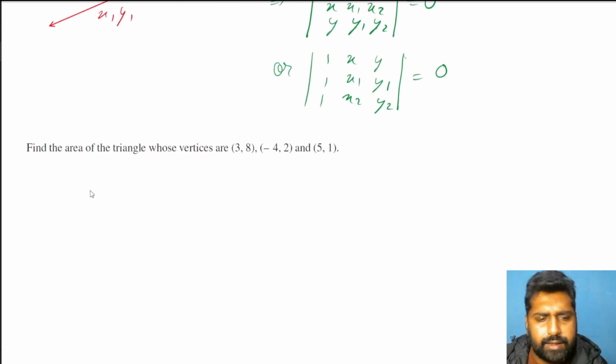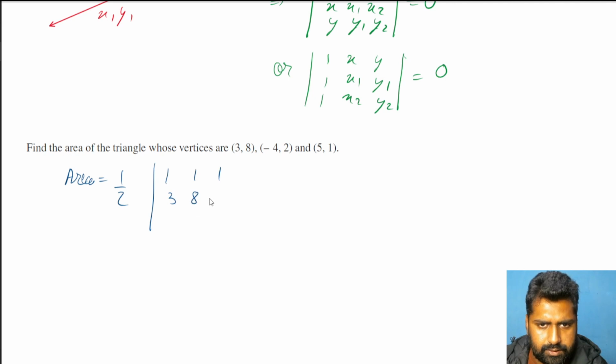So if I want to find the area of it, the area is equal to 1 by 2 determinant of, first of all, 1, 1, 1, then the x coordinates 3, minus 4, 5, and then the y coordinates 8, 2, 1.